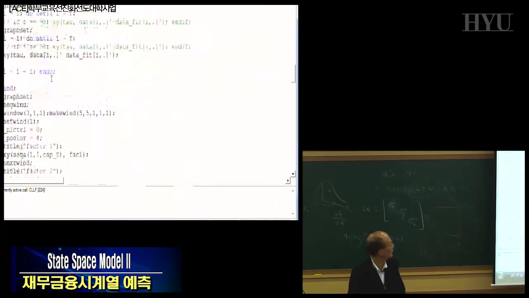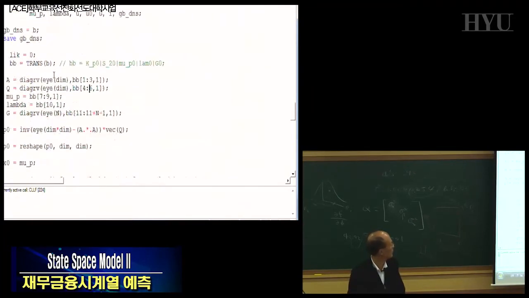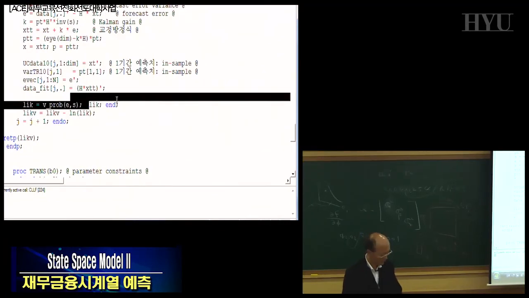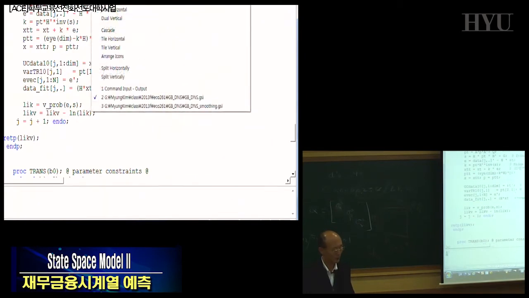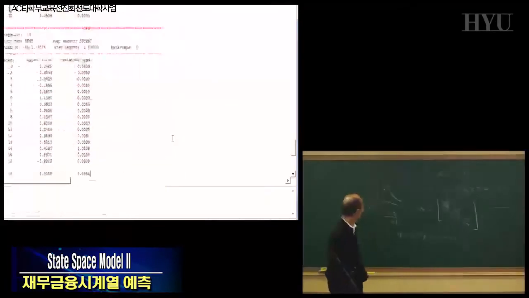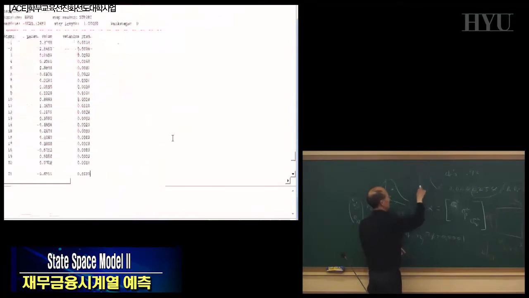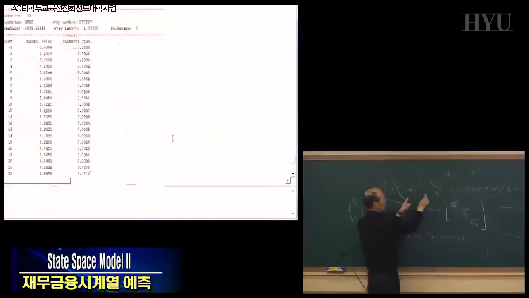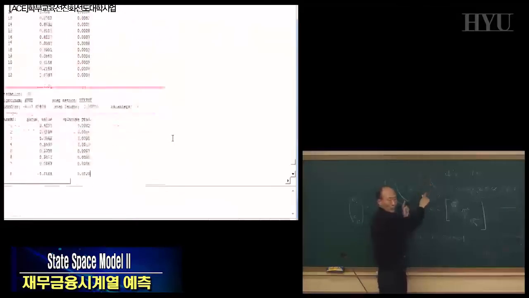Let's see if this program actually runs. Let's get rid of this part, and let's see if it runs. Right-click, run. Now the parameters are constantly changing and evaluating the likelihood function.